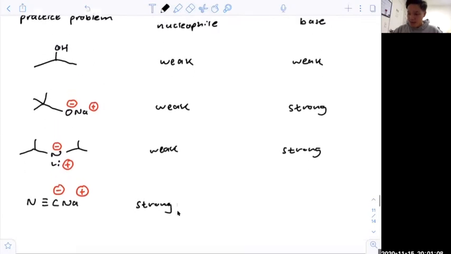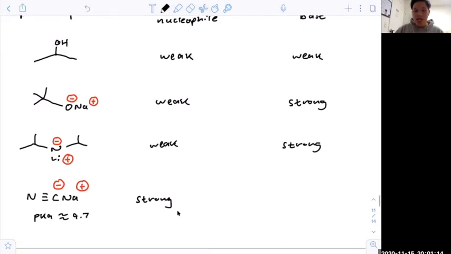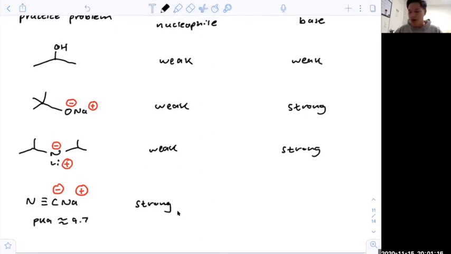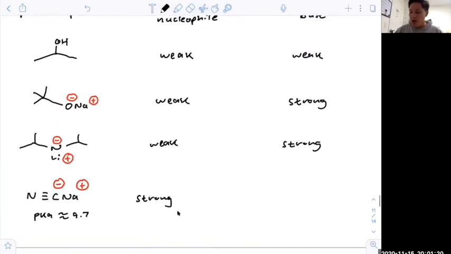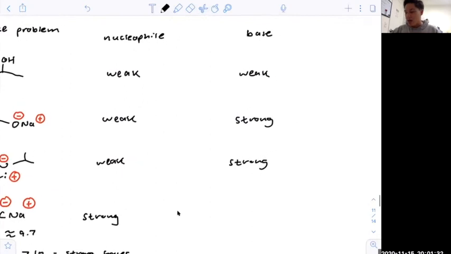But the pKa of this is around 9.7, okay? And that just means the pH you need to protonate it. But now I'm telling you that pKa's that are greater than 10 are strong bases, right? So in this case, it's not a strong base, it's a weak base.